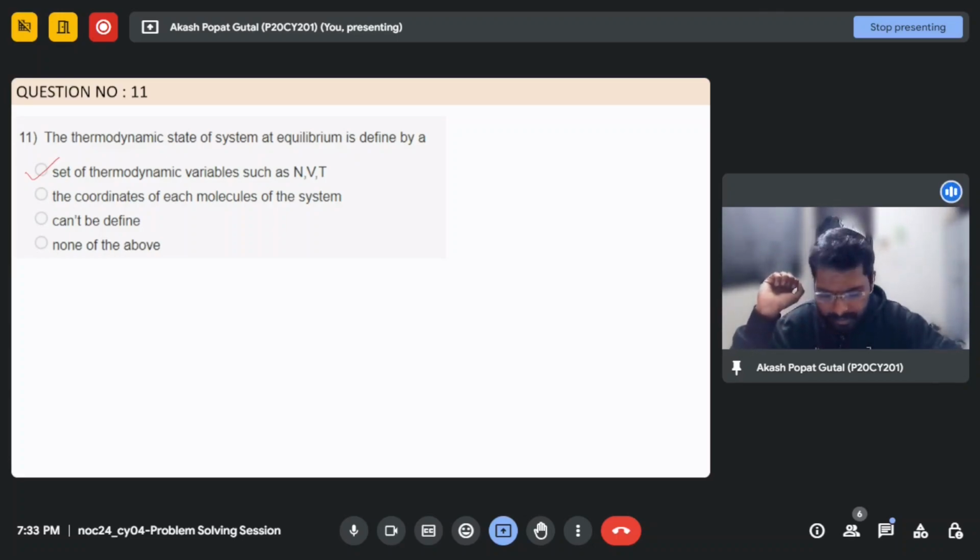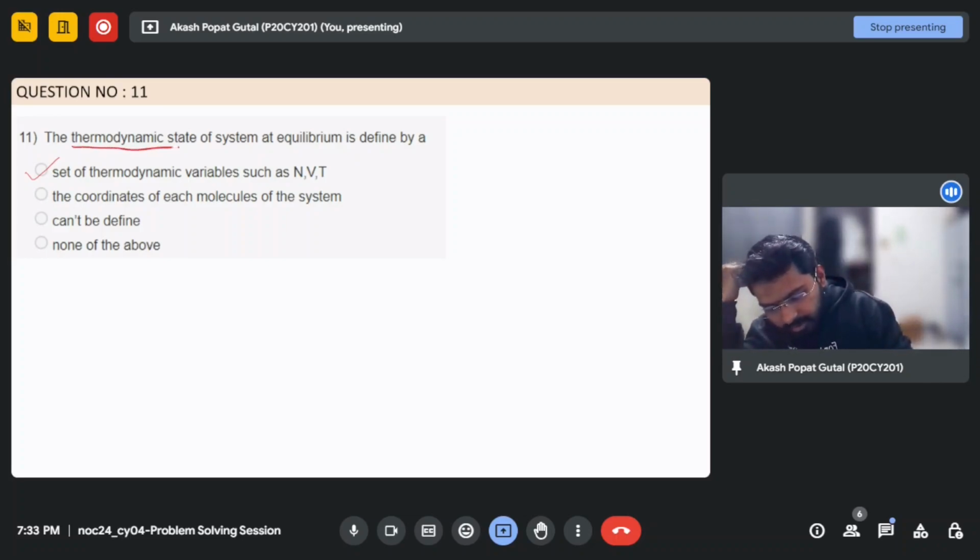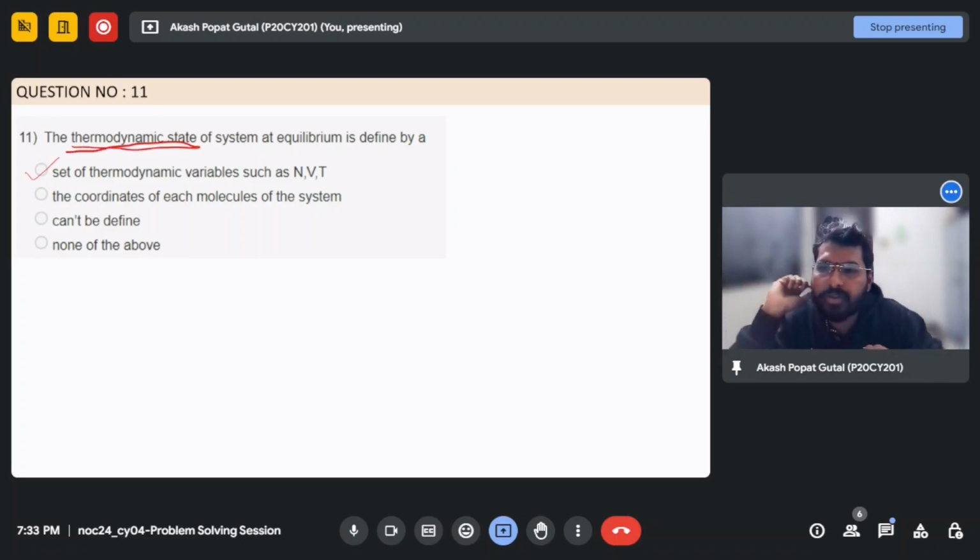Yes. That's also an answer. And there is also an answer we can give according to the definition. The question asks about the thermodynamic state. The classical thermodynamic state can always be defined in terms of macroscopic variables or properties.